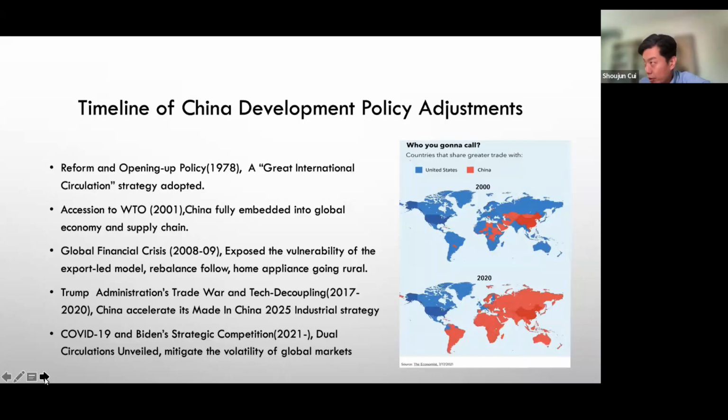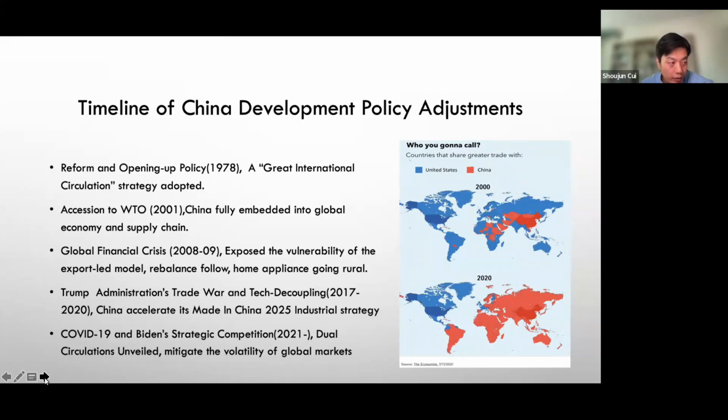Because of the downturn, the sluggish global economy in 2009, China had a lot of surplus commodities that could not be exported.